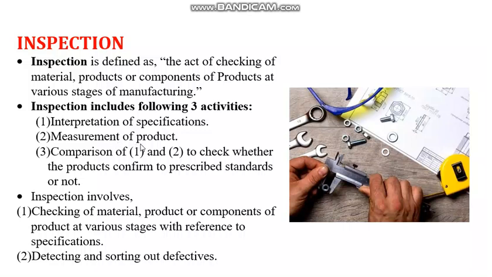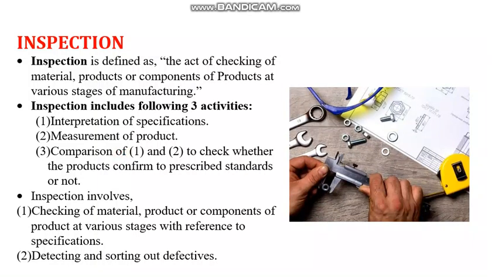Second, you have to measure the product with the measuring instruments, and then you have to compare these measured values with the specifications in the third step and see whether a product is passed or should it be rejected. See, these are the three steps.